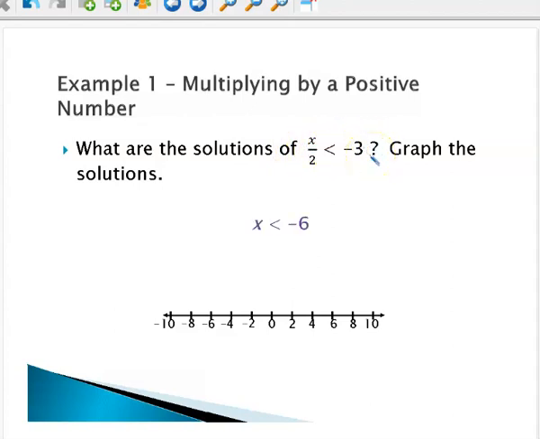And if I do that, then I end up with x being less than negative 6. So when I go to graph, I'm going to have an open circle at negative 6. And since my variable's on the left, I can use the direction of the inequality, which way it's pointing, to help me with the shading, and it would be to the left.